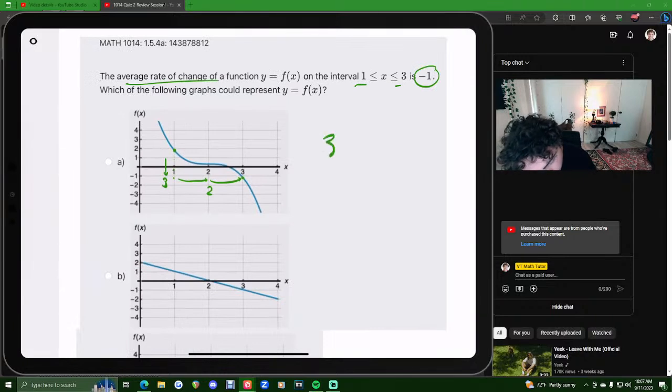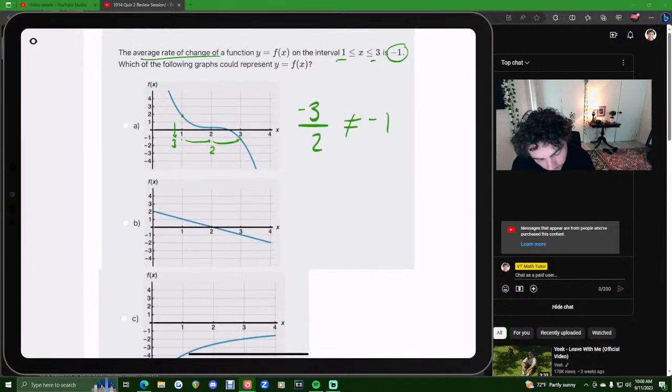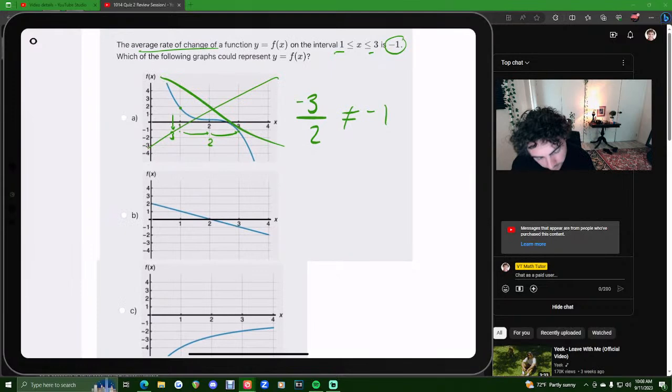That means we are rising -3 because we went down 3 and over 2. This is rise over run, a method of finding slope. In this case, rise over run is -3 over 2. This is not equal to -1. It is equal to -1.5. So the slope between 1 and 3 here is not -1.